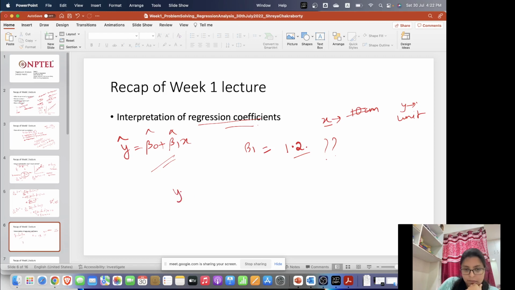If it is a positive sign, it means the dependent variable is increased by the independent variable. Yes, sir. See, if this is positive, then you say that the independent variable increases 1.2 times.